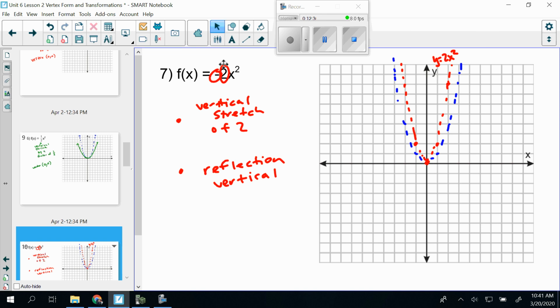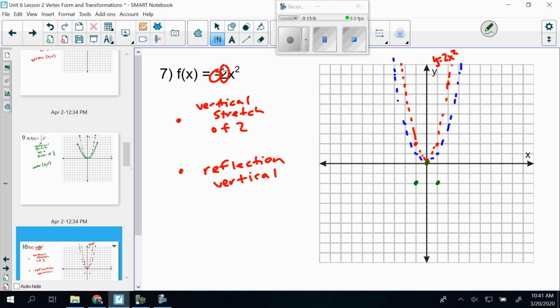But we want -2x squared. So for our final one now, we want to reflect all these points over vertically. So 0, 0 is going to stay in the same spot, but this one is two units away from the axis, so that's going to get reflected here. And that point would get reflected there, because we're reflecting over the x-axis, basically.